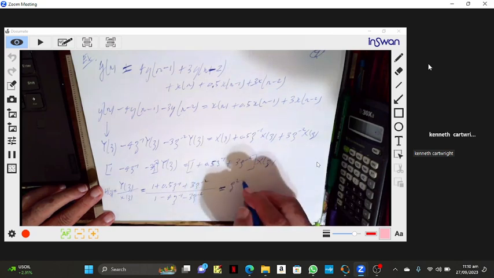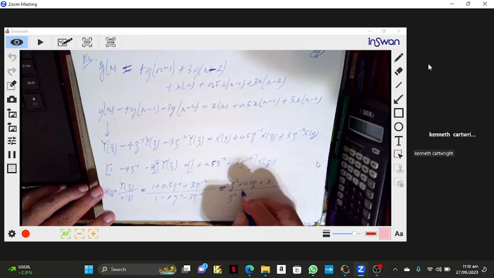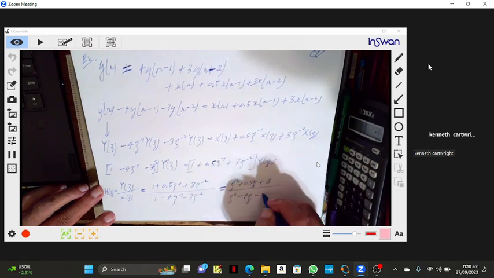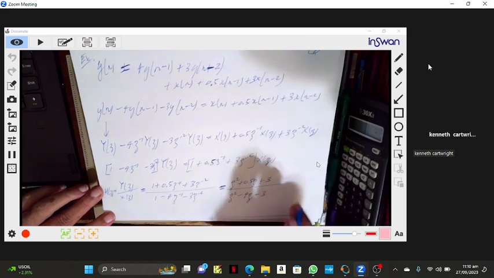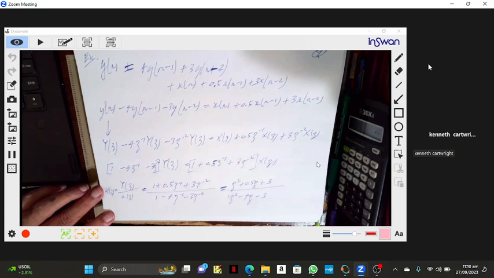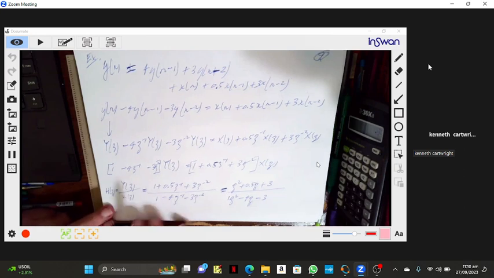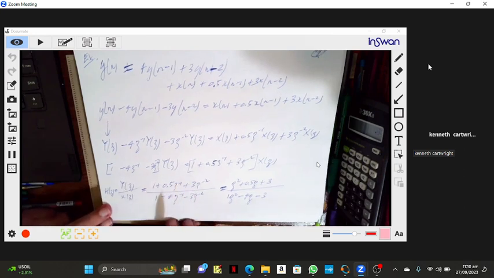So this is z squared plus 0.5z plus 3 over z squared minus 4z minus 3. So this is now in standard form because this coefficient here is 1. Are we clear on how we get the transfer function of a filter when you know the difference equation?